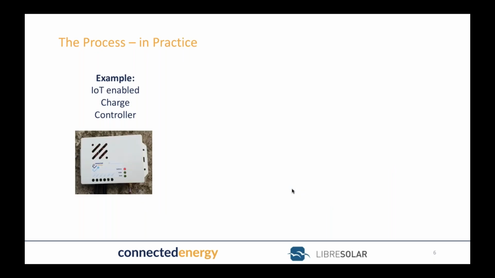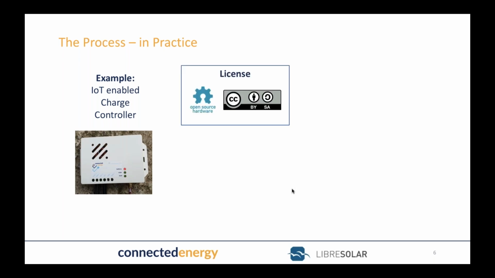Let me give you one example of an open source product and the development process behind it. What you can see on the left here is an open source IoT enabled solar charge controller, which is integrated in pay-as-you-go systems developed by Connected Energy. When you start to develop an open source product, the first and maybe one of the most important points is to choose a proper license.